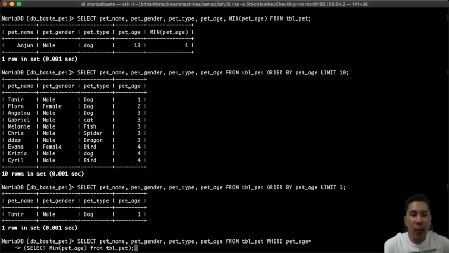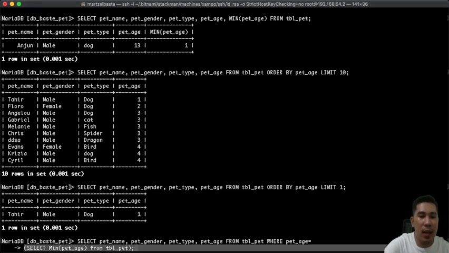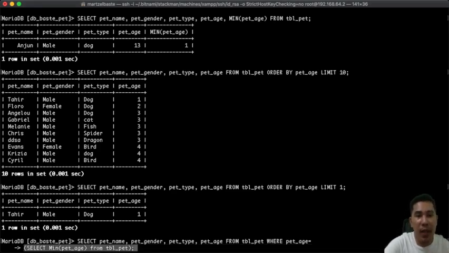So meaning to say, whatever is returned by this one, which is 1, is going to be the value that is assigned to pet age. So, it will display the name, gender, type, and age from the table pet where the pet age is equal to whatever is the result of this one.